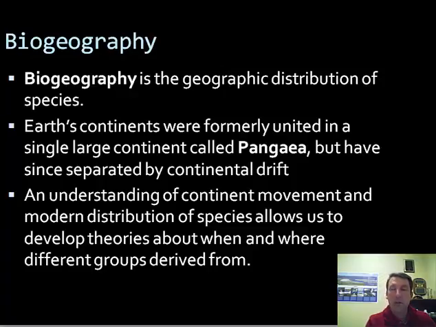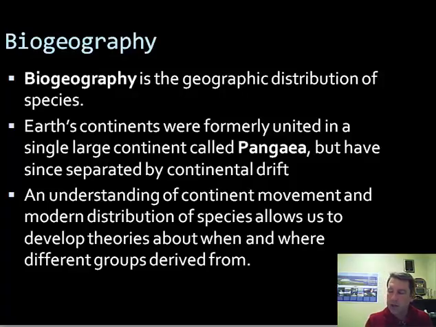He would see these very different animals on the different continents, and so he developed a lot of his ideas based on biogeography.